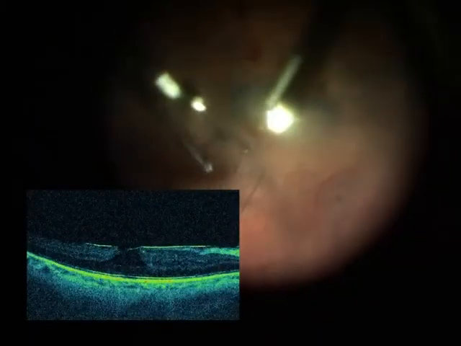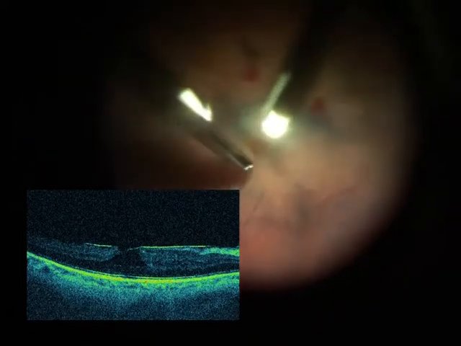Another case of macular pseudohole presents the removal of ILM and ERM complex in toto around the fovea.